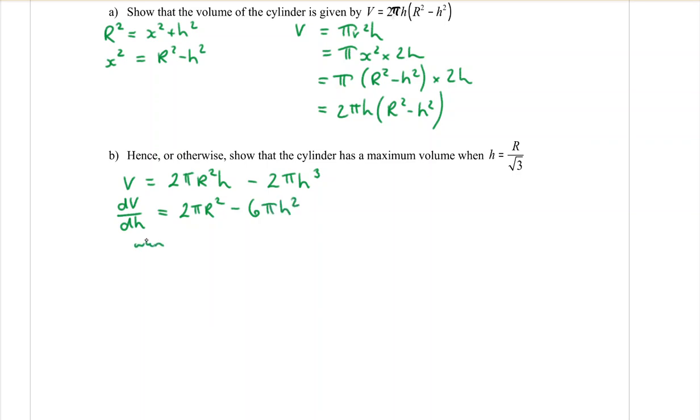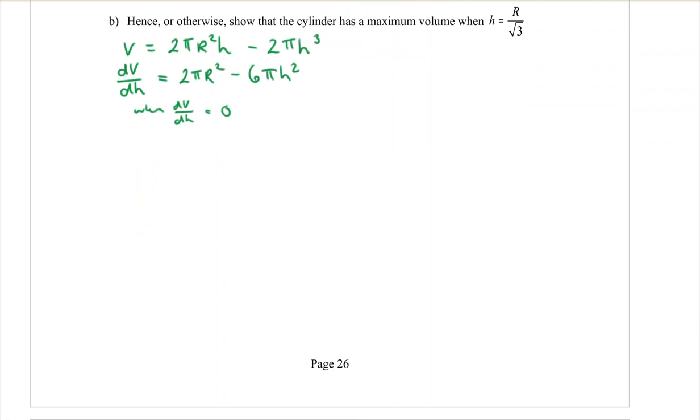I need to make my derivative equal to 0, which means my 2 pi r squared will be equal to my 6 pi h squared. Remember, I'm trying to get the h. The r is just sitting in there. So I could divide by pi on both sides.